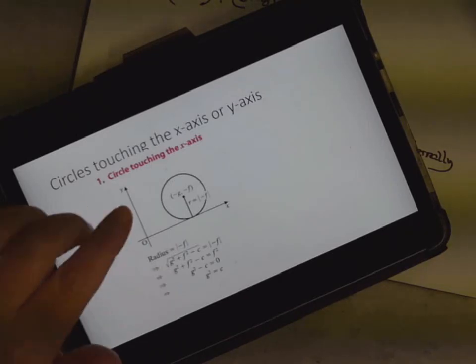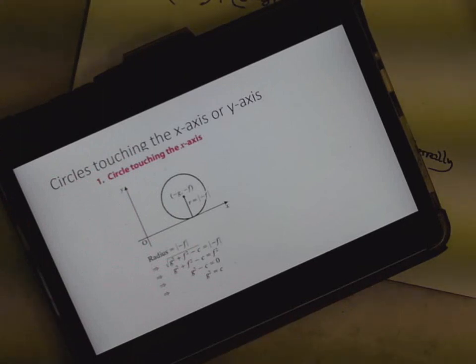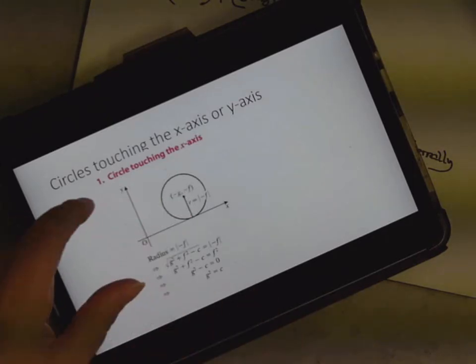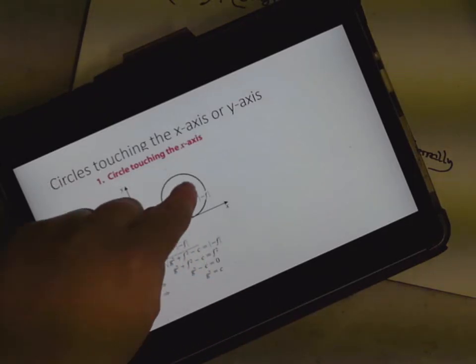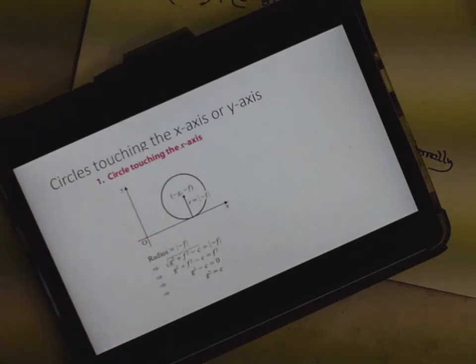So when this circle touches the x-axis, that means the x-axis is a tangent, and the radius is equal to the positive of the y-coordinate, because radius is length, so it's never negative. Sometimes the y-coordinate could be negative, like I drew this in the first quadrant, but depending on where it is, right? Are we okay with that?